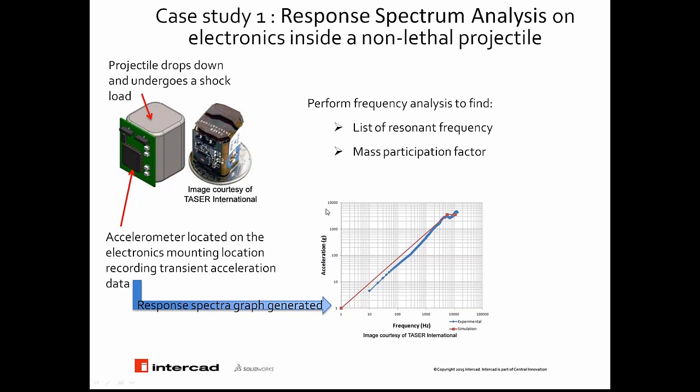Acceleration is described in G and frequency in Hertz. So you can see the experimental data is being recorded and transformed. Now in the software, in the first case study, we are going to represent that curve with two linear step lines.